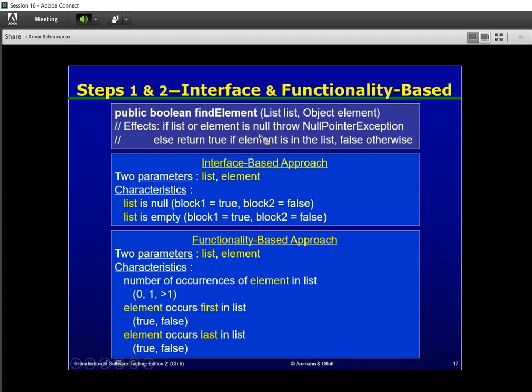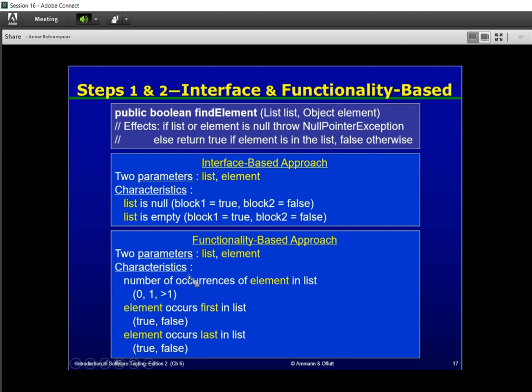But in functionality-based, we zoom in on these descriptions, and we should consider the functionality of the method. So in this approach, our characteristics could be these.